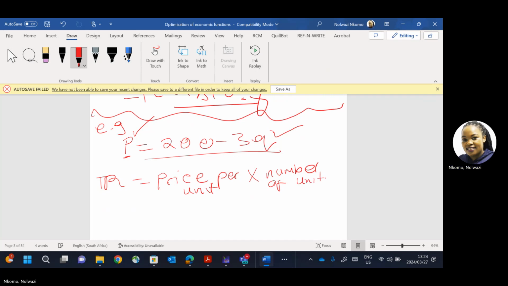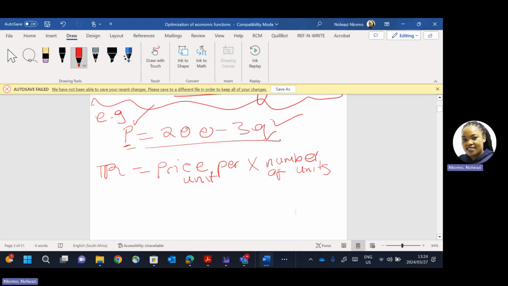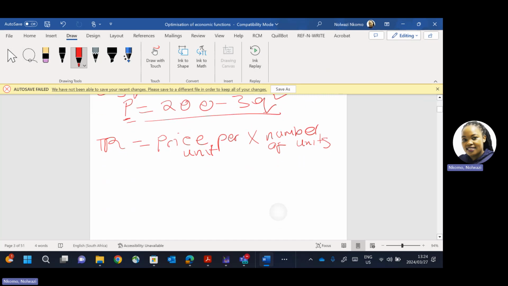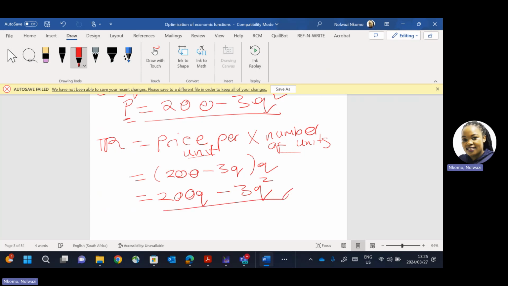Remember, we are given a demand function whereby P represents price per unit and Q represents the number of units produced and sold. So for the total revenue, we'll have 200 minus 3Q times Q, and this will give us 200Q minus 3Q squared. And this is the total revenue.